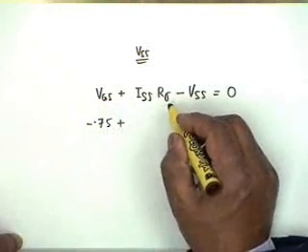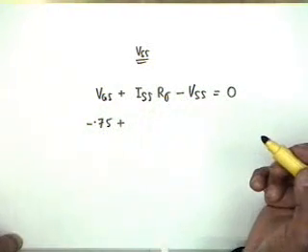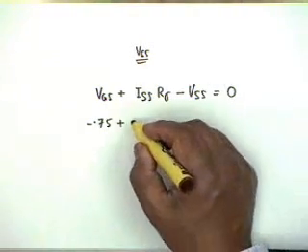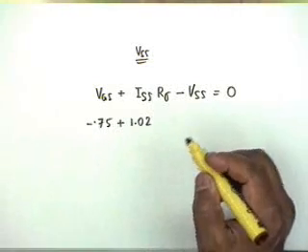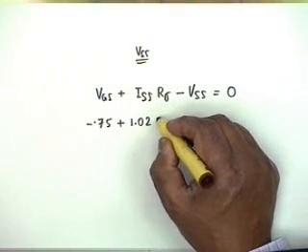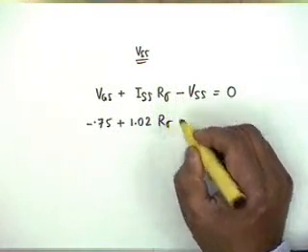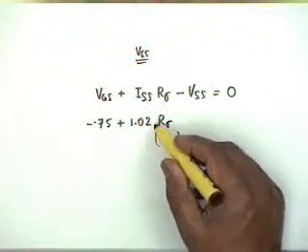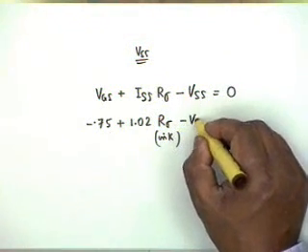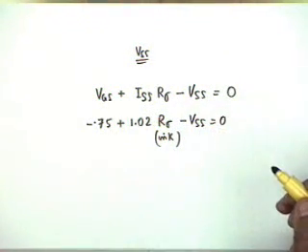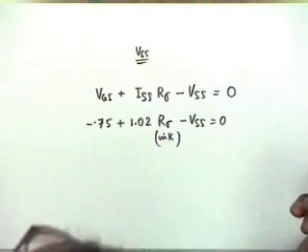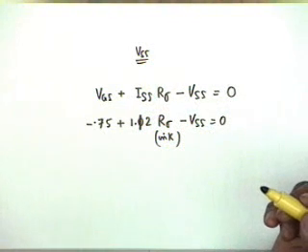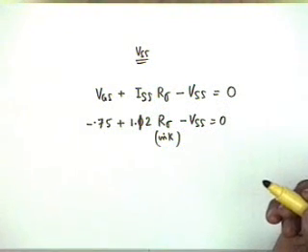How much is that? 1.02, twice 0.56, multiplied, this is milliampere. So if I write R sigma, this will be in K, minus VSS equal to 0. Oh, this is 1.12, yes, 0.56 multiplied by 2 is 1.12, I agree, I could not but agree.